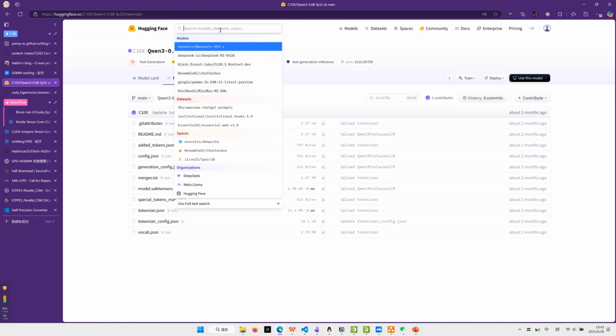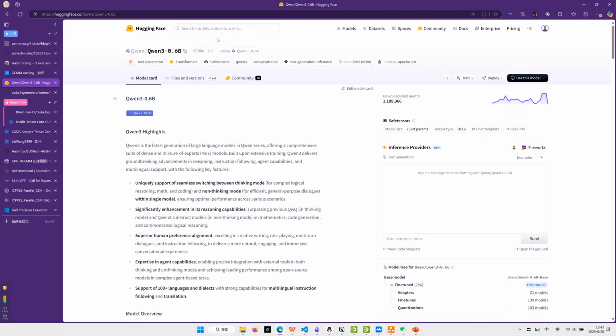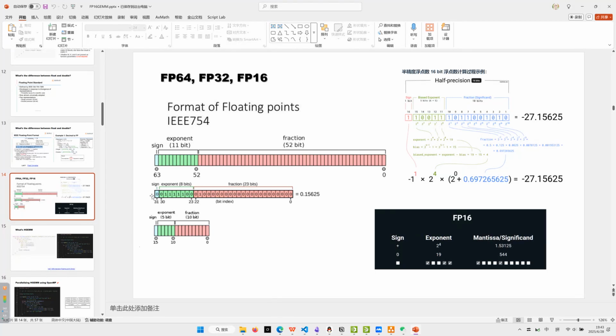Now let's see some other models. Let's see, this model card shows that it has BF16 stored as the tensor type. For BF16, the 16 means it is 16 bits, right?